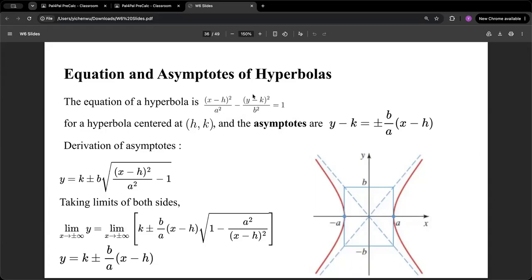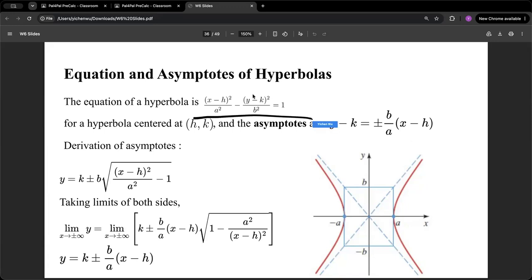The asymptote is defined as the limit when x is taken to positive or negative infinity.